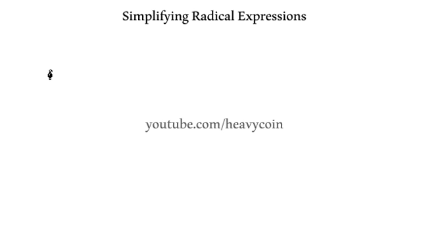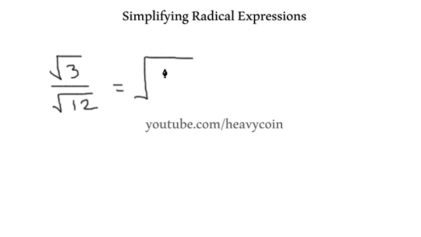Okay, let's say we had the square root of 3 over the square root of 12. Now, of course, we could rewrite this, and the whole thing would be 3 over 12, which actually now reduces down to 1 over 4.